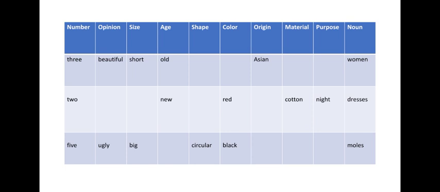Again, the last one, 5 ugly, big, circular, black moles. So this is how we arrange the adjectives, keeping in mind the acronym. It will become easy for you to arrange. Let's go to the next slide.